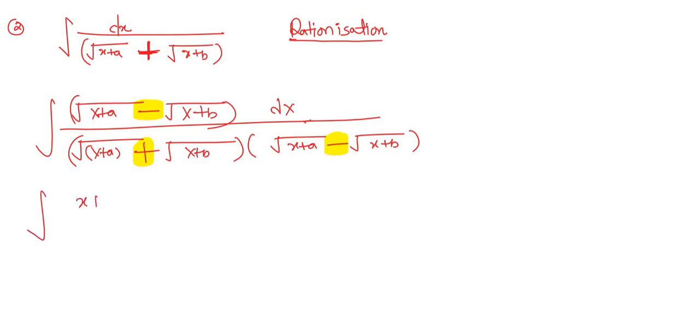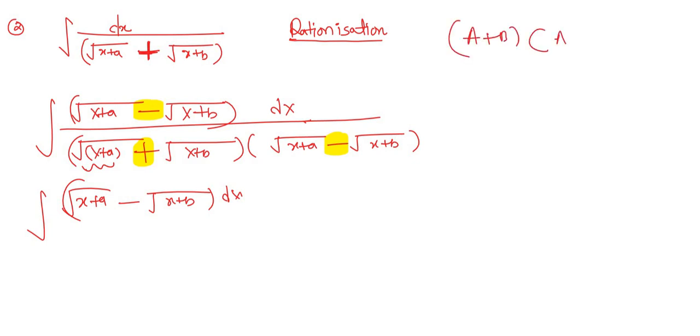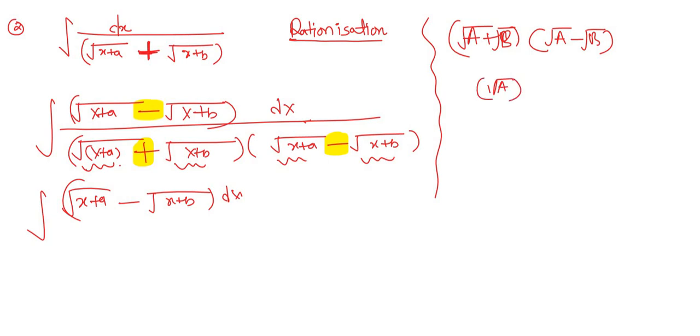Let's do x plus a under root x plus b dx. What is it looking like? Isn't it looking like a plus b and a minus b? See here carefully. This plus this and this minus this. So if it is root a, root b, root a, root b, it will become root a square minus root b square.